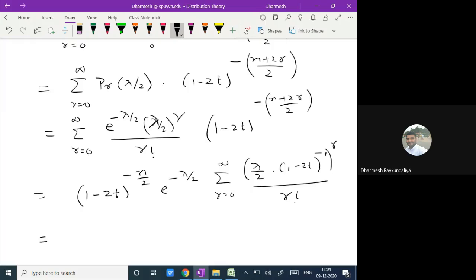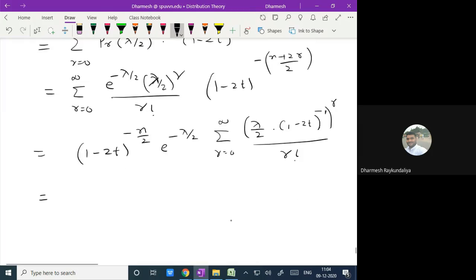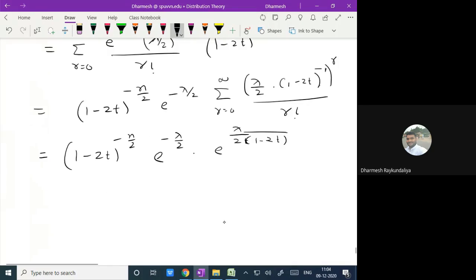So what we can write is (1 - 2t) raised to minus n by 2, e raised to minus lambda by 2, and here you can write it as e raised to lambda by 2 into (1 - 2t). Why? Because this lambda, 1 - 2t I can keep inside the denominator, so it is lambda upon 2 into (1 - 2t) raised to r upon r factorial.